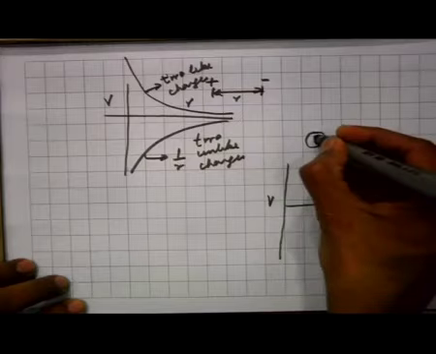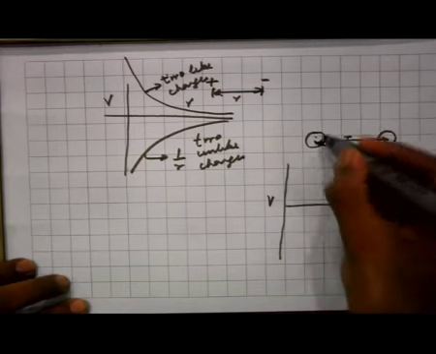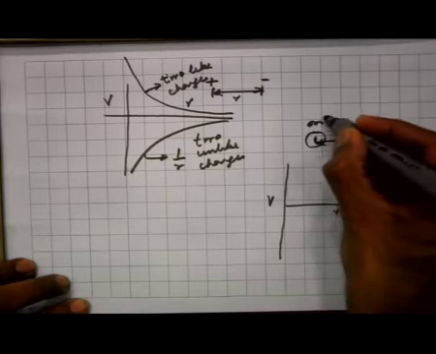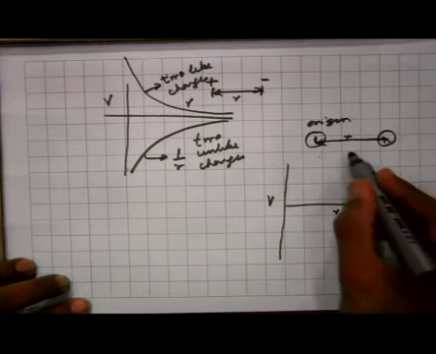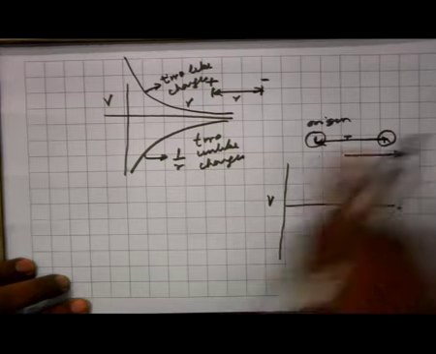So, this is negative. If I fix this to be the origin and I have the molecule here, the repulsive force means it is going in the plus x direction. A force of attraction means that it likes to come together.